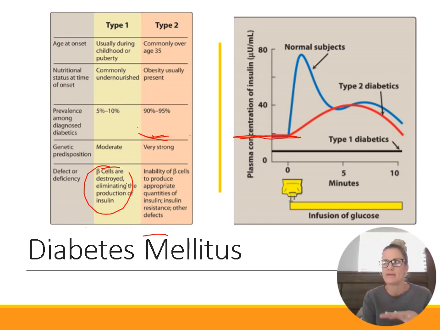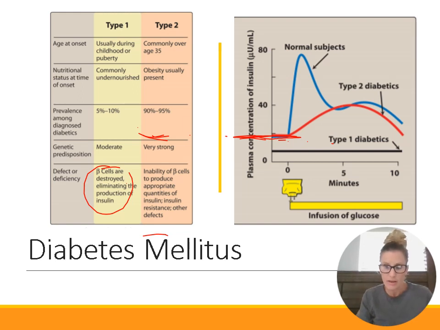So that basal release prevents that from happening, and prevents glycogenolysis and gluconeogenesis in the liver as well. It essentially allows us to use the sugar that's already present in our bloodstream. So there's always this basal release of insulin.